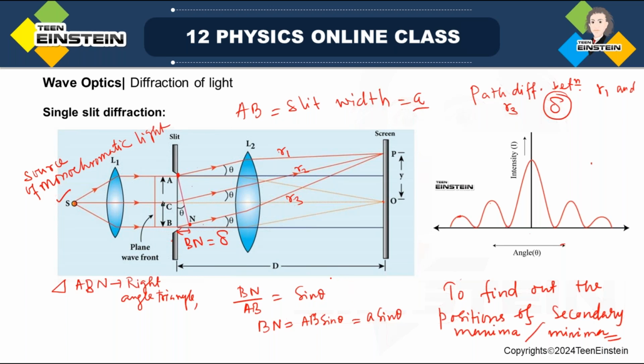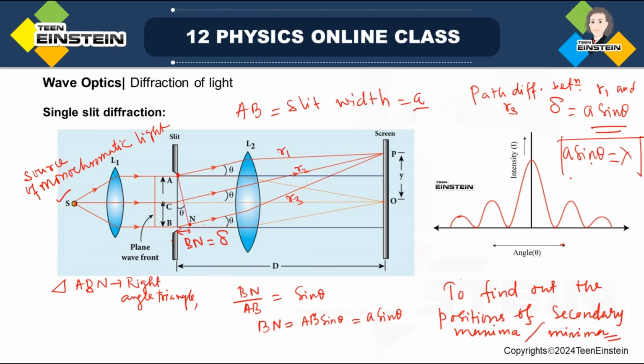So the path difference between rays R1 and R3 is a sine theta. And the condition we have considered to have a dark fringe at this point P is that a sine theta must be equal to lambda.